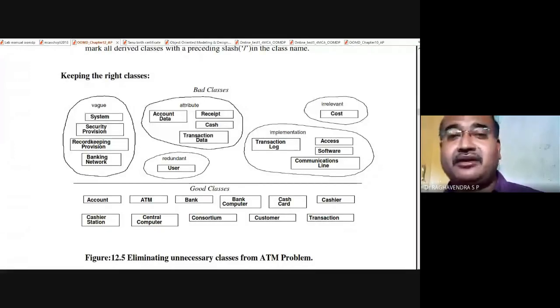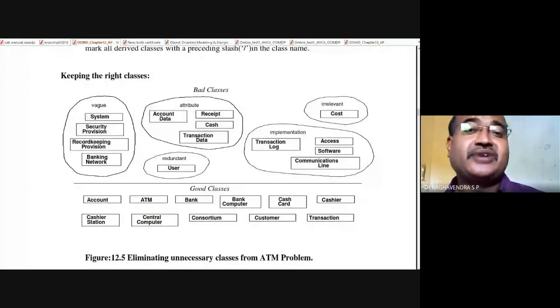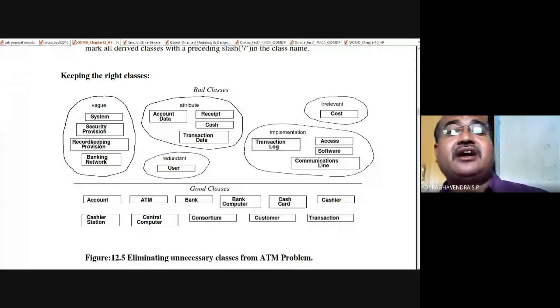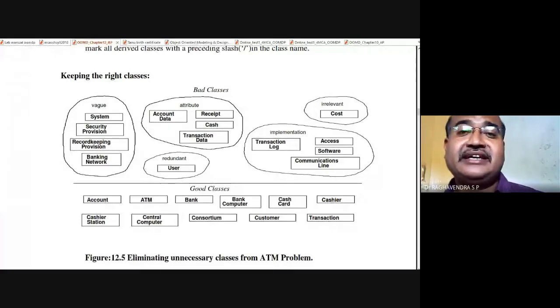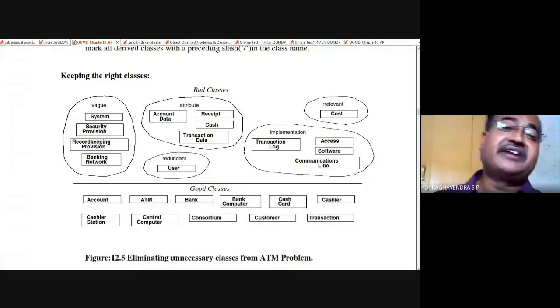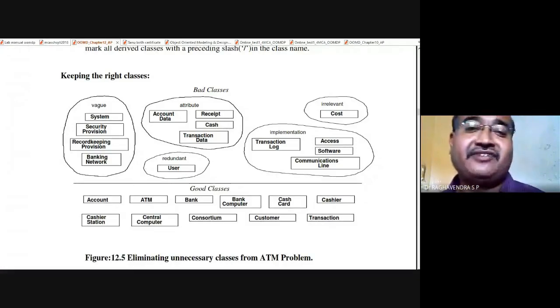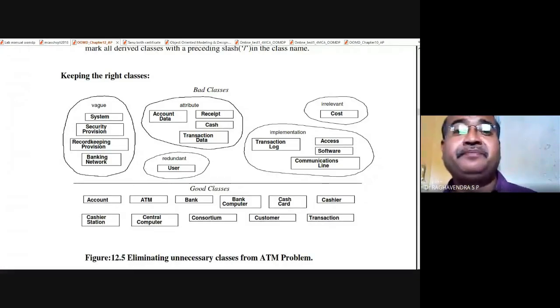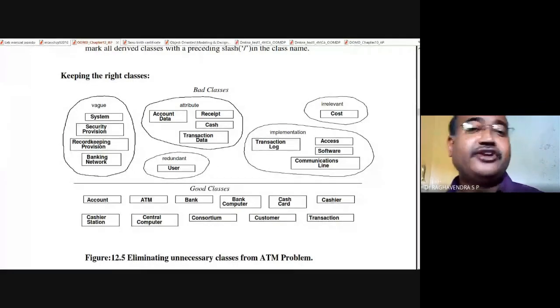Similarly, cash will be ejected based on the debit transaction a customer performs, so cash is an attribute. Transaction data, like transaction date, time, ID, type of transaction, and amount debited, is also an attribute, not a class.